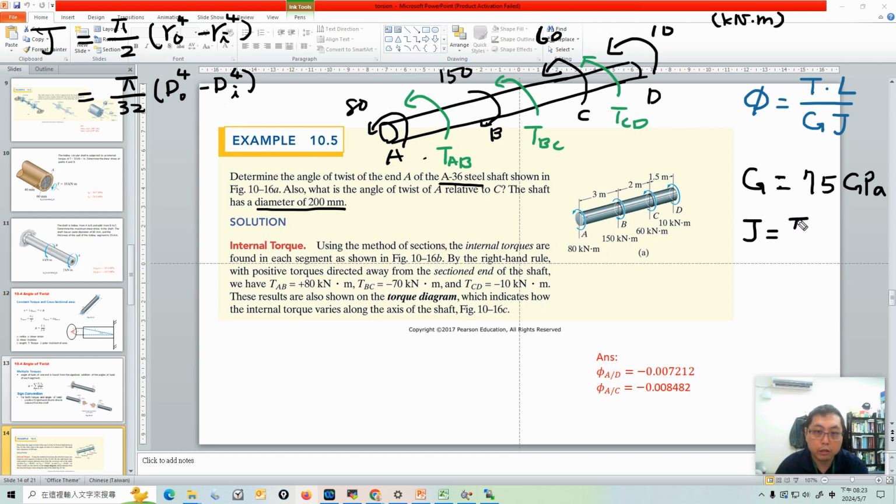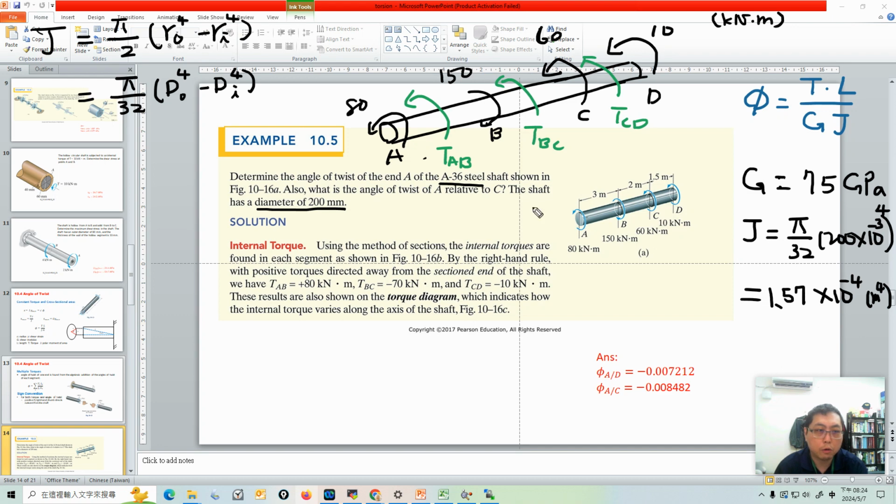So J is pi over 32 times 200 times 10 to the power minus 3, to the power 4. Let's calculate the value first. It's 1.57 times 10 to the power minus 4 meters to the power 4. That's J.